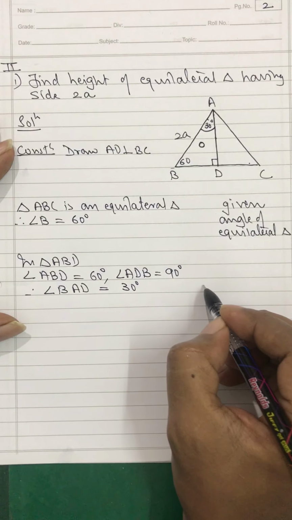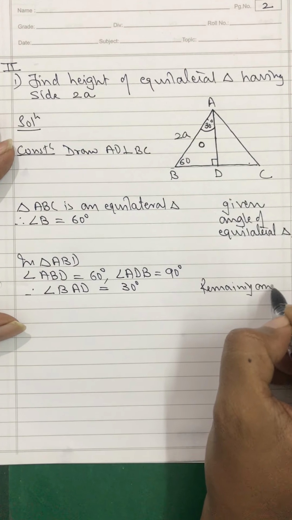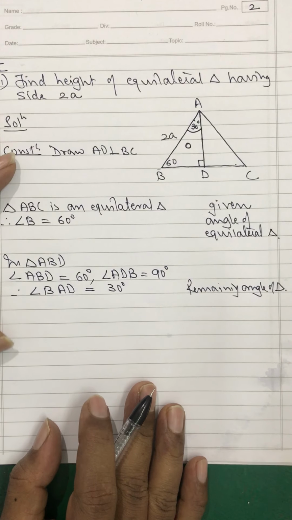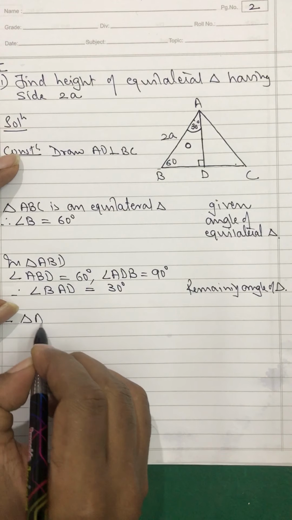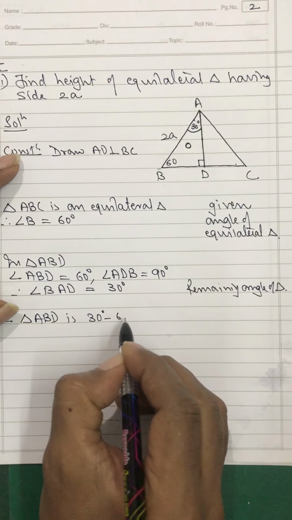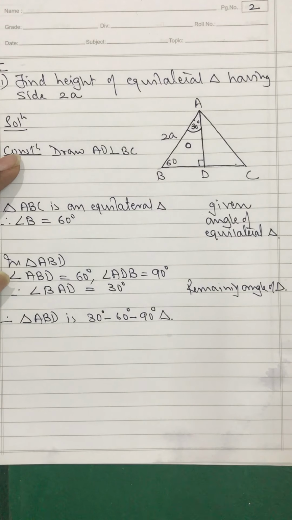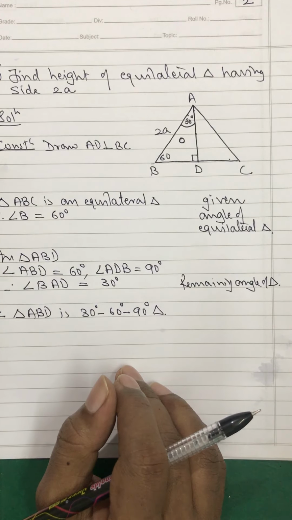The reason for this is the remaining angle of a triangle. Fine. Therefore triangle ABD is a 30, 60, 90 degree triangle.